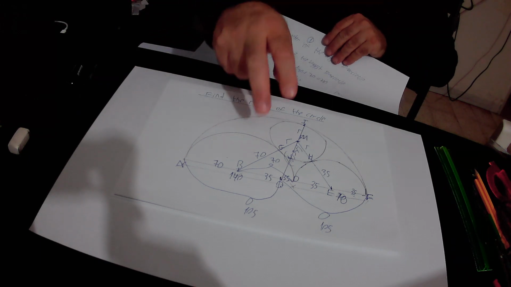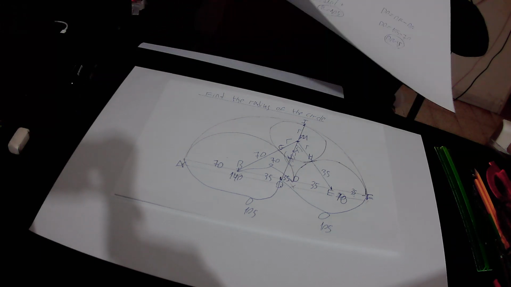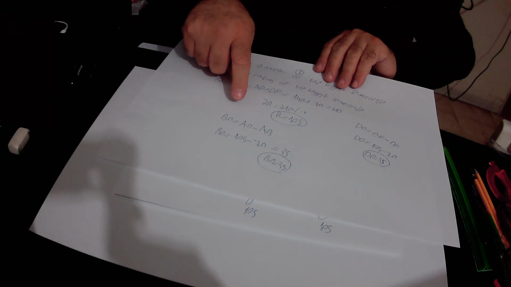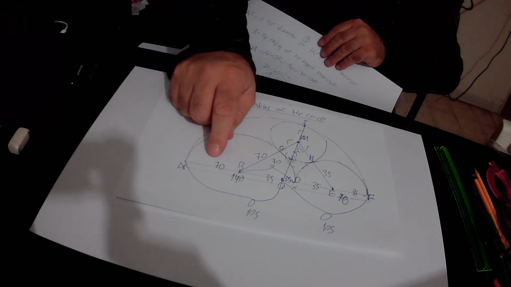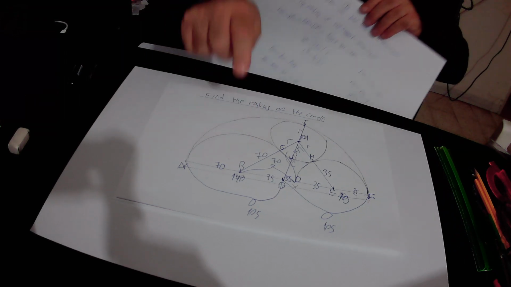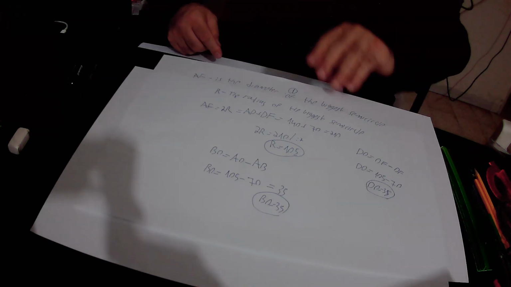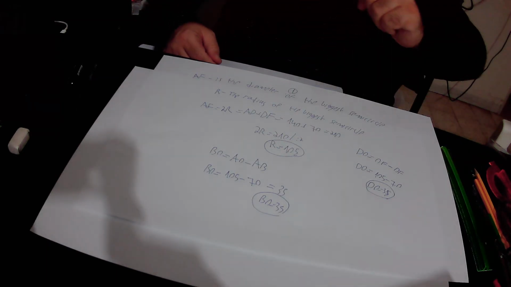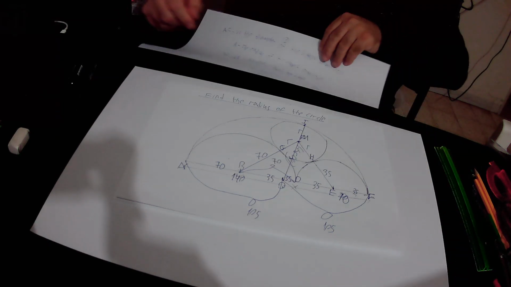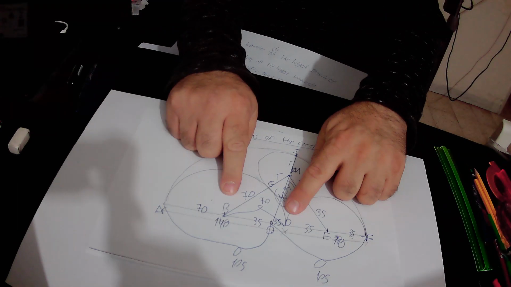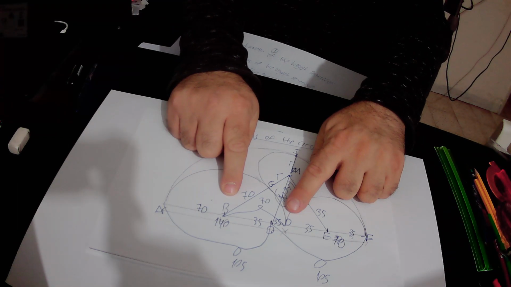AO is the radius of the biggest semicircle, that is equal to 105 units. AB is the radius of this semicircle, that is equal to 70 units. So in total, BO equals 105 minus 70, this is 35 units. So here, line segment BO equals 35 units.